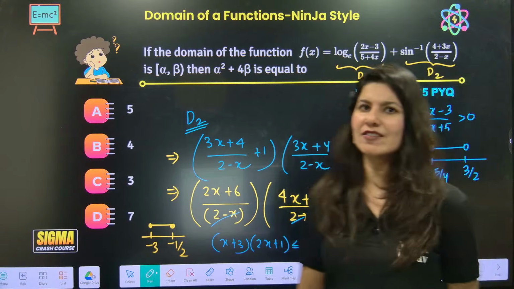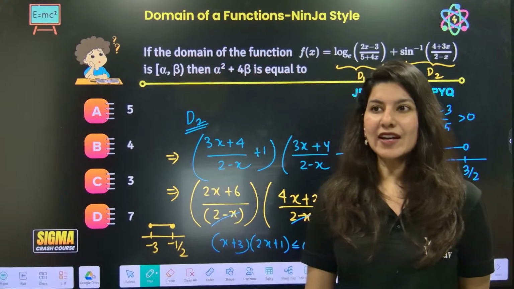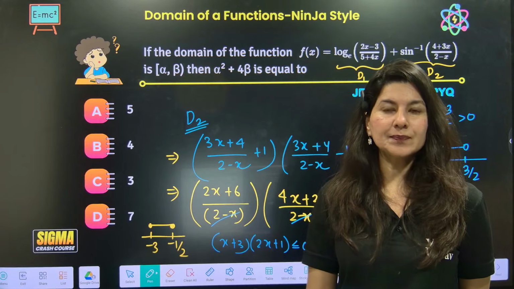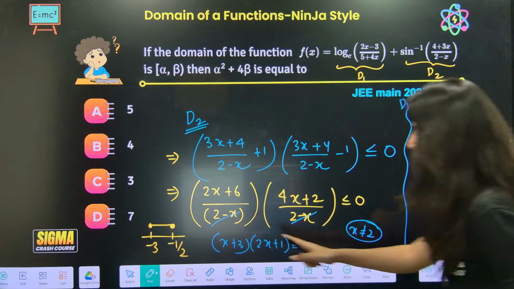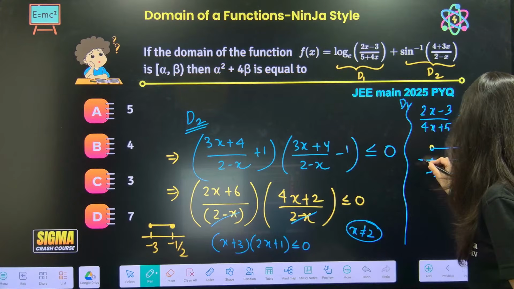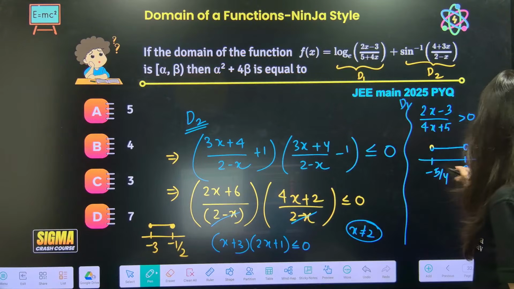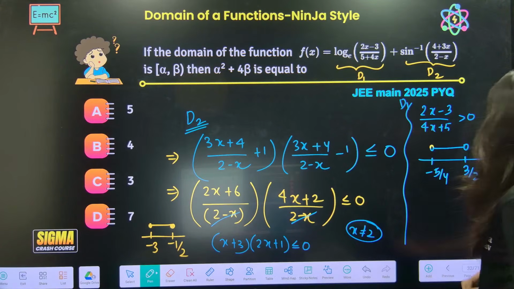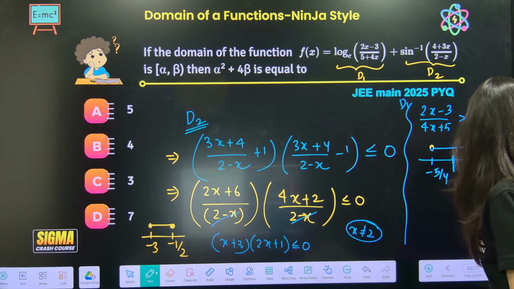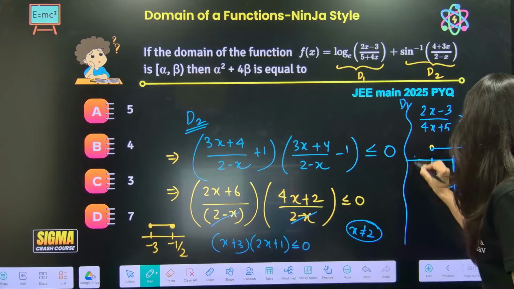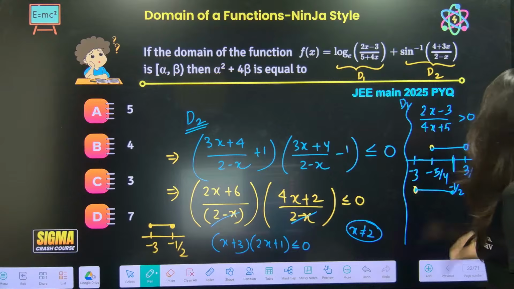What is minus 5 by 4? Minus 5 by 4 is 1.25, right? 1.25. So this is minus half. Minus half and minus 3. So minus 1.25, then minus half and minus half. Okay. So minus half will lie over here and minus 3 will lie over here. This is your second thing. Now you have to take the intersection.